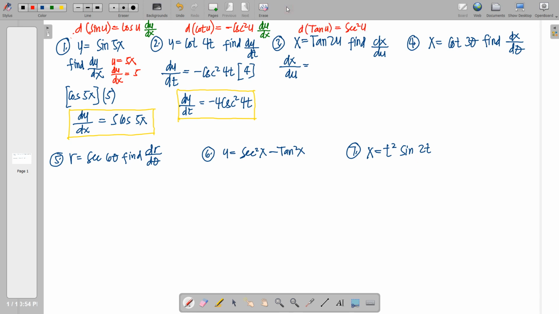And the derivation of tangent is just equal to secant squared u multiplied by du over dx. So we execute now. So we have secant squared of 2u. Then we derive this inner term, and that would simply equate to 2. Therefore, our answer is equal to 2 secant squared of 2u.